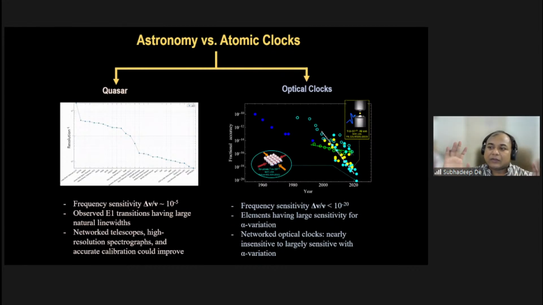It's never true that one should only follow one particular path, like let's say optical clocks. One has to study from all these aspects, all possible experiments, and finally they should conclude the same thing, and only then can we consider in our standard model that alpha is varying at that rate.